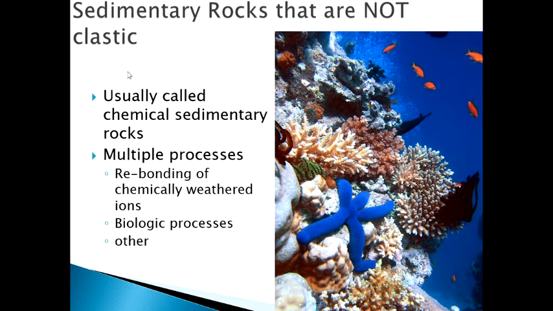So you and I make a skeleton out of calcium phosphate, and if we die and our bones get deposited in the soil, well, we have added a biochemical piece to that soil. So we've got to talk about different processes besides clastics.